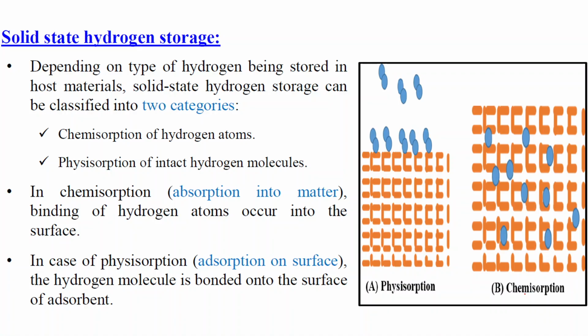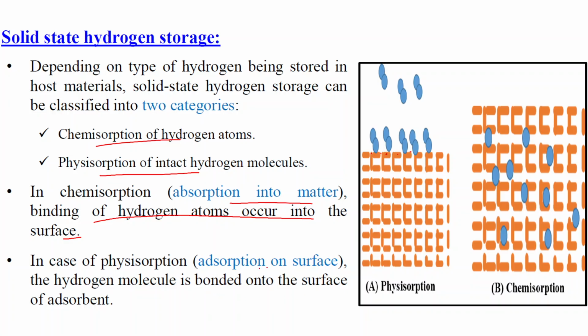Solid state hydrogen storage is basically done in two ways, that is chemisorption of hydrogen atoms or physisorption of intact hydrogen molecules. In chemisorption, basically absorption into matter, binding of the hydrogen atom occurs onto the surface. So chemisorption is basically adsorption of hydrogen atoms onto the surface of a solid.